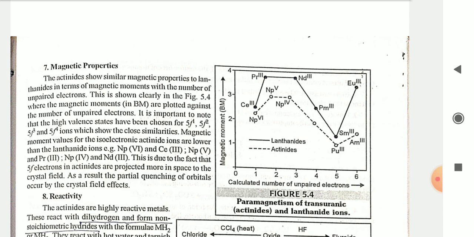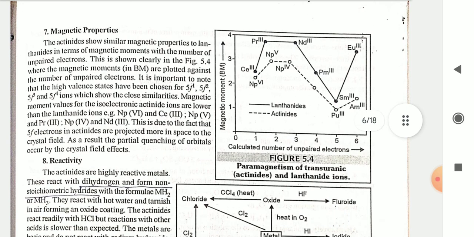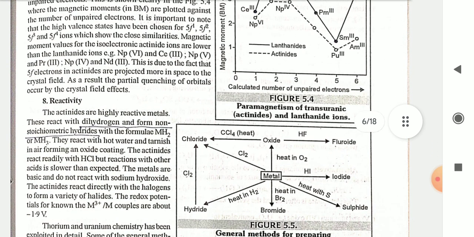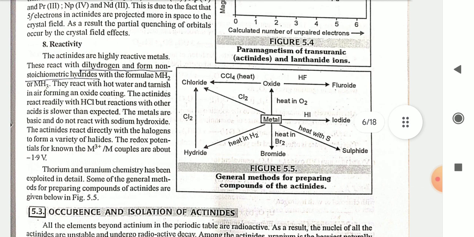Eighth is reactivity. Actinides are highly reactive metals. They react with dinitrogen and form non-stoichiometric hydrides with the formula MH2 or MH3. They react with hot water and, when heated in air, form an oxide coating. The actinides react readily with HCl, but reaction with other acids is slower than expected. These metals are basic and do not react with sodium hydroxide.